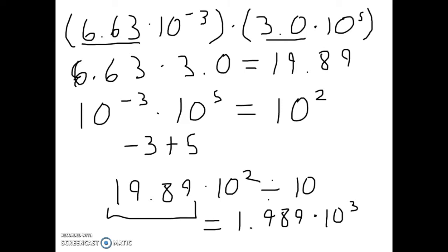Now we need to add 1 to the power here to make sure that the number is still the same. We've divided the coefficient by 10, but to keep the number the same, we multiply the base by 10. So this gives us 1.989 times 10 to the third.